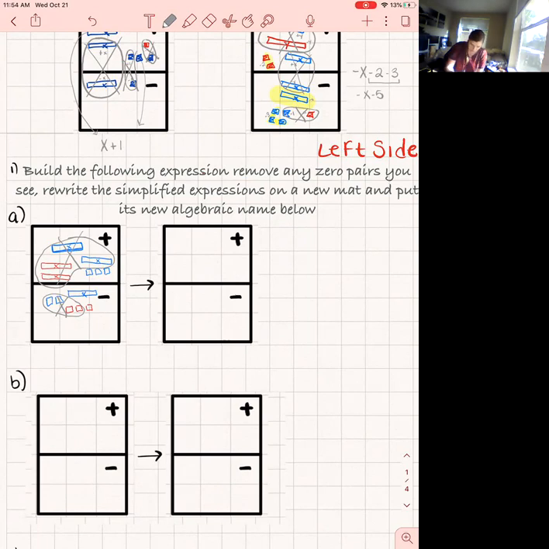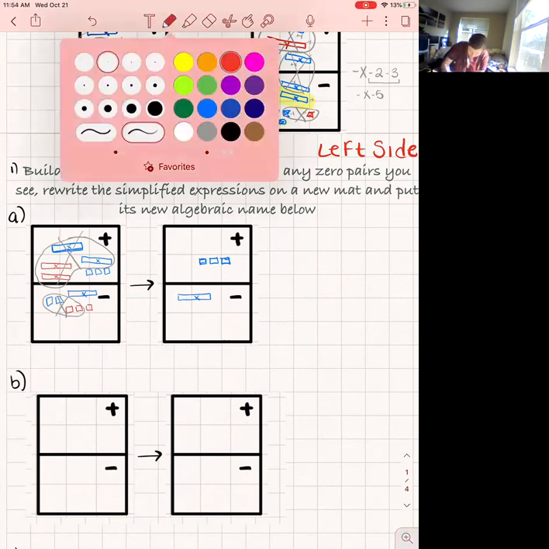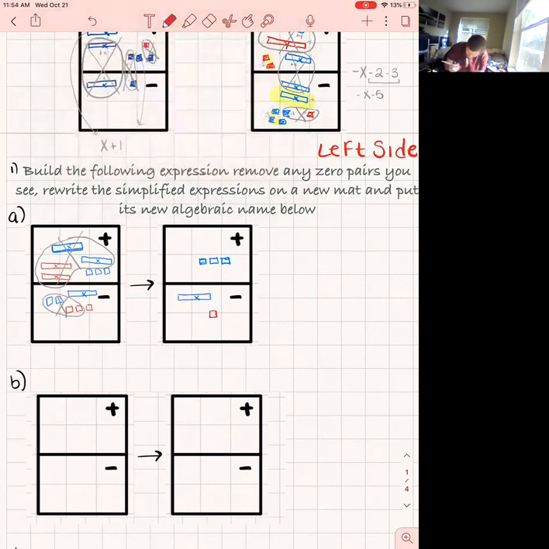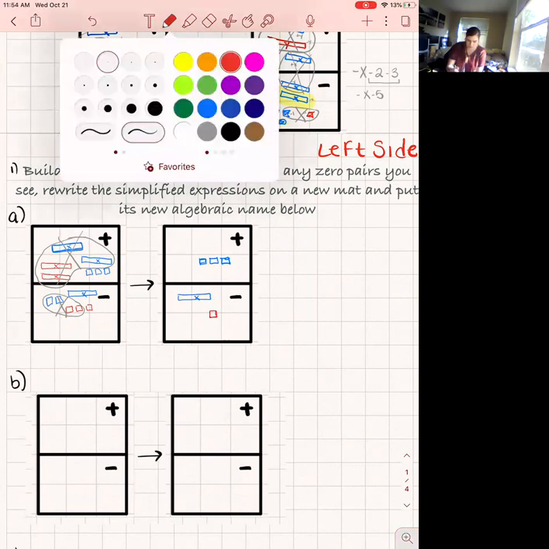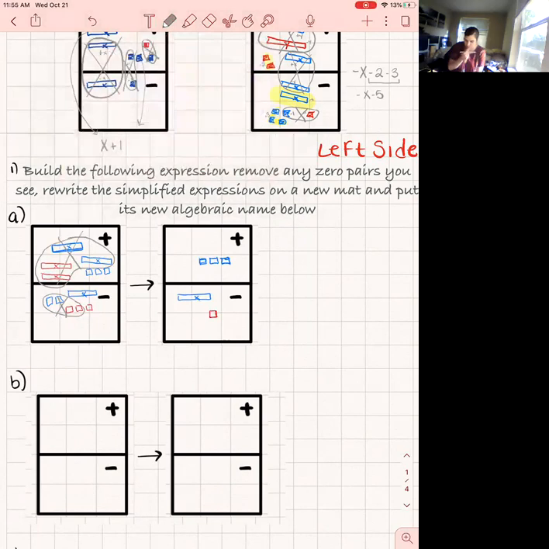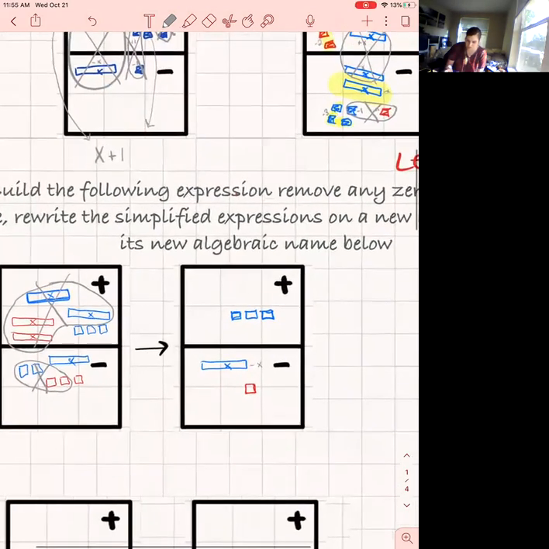So now I need to redraw what I have left over. I have 3 positive unit tiles up there. I was left with one of my blue X tiles here and 1 red unit tile. So now I need to name this. If you haven't done that already, go ahead and give it a try. This is a negative X because it's in the opposite of region.